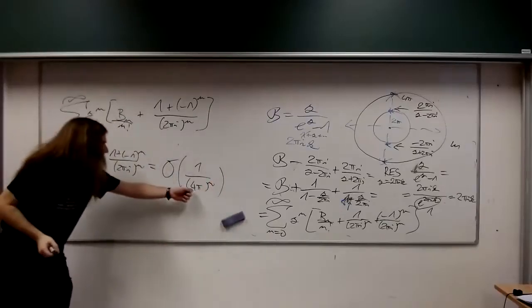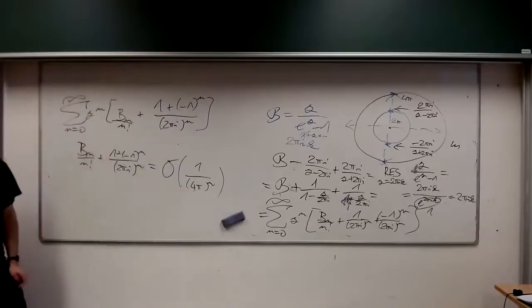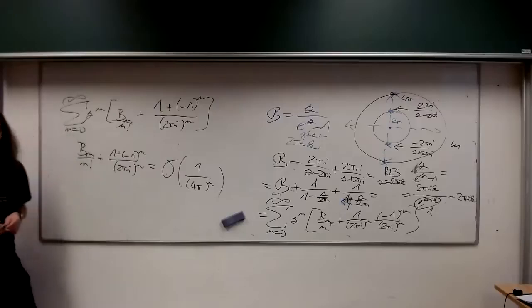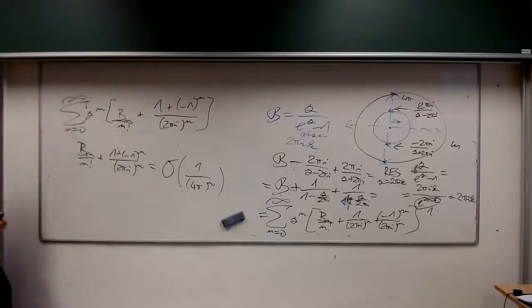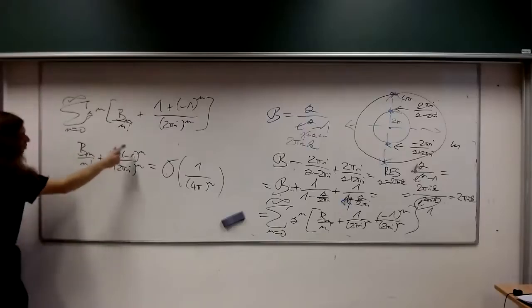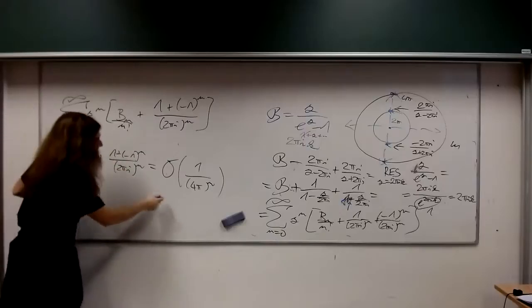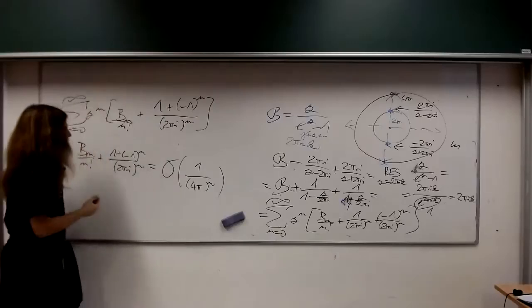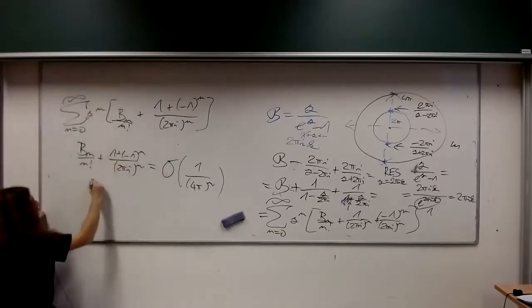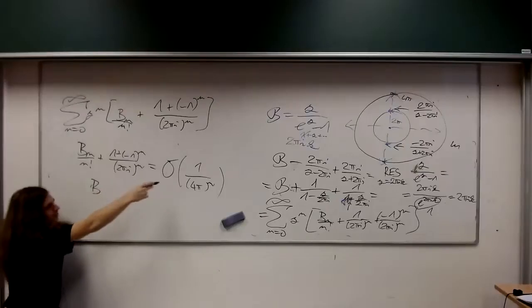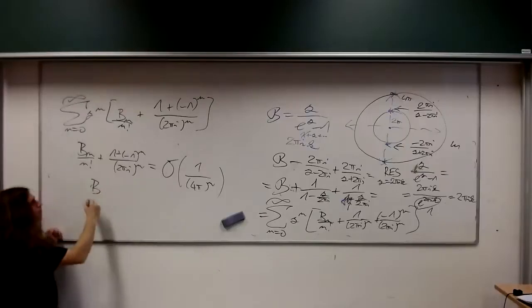So we have just obtained a factor of 1 over 2 to the n. So this is much more precise than the previous thing was. And here we have the real thing, and this is just an estimate on the error that we are making.